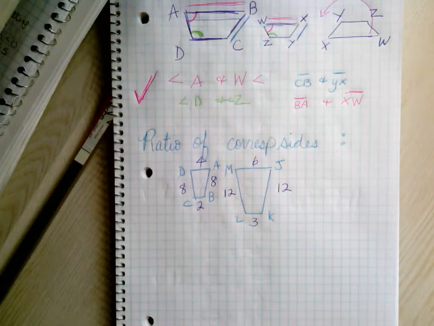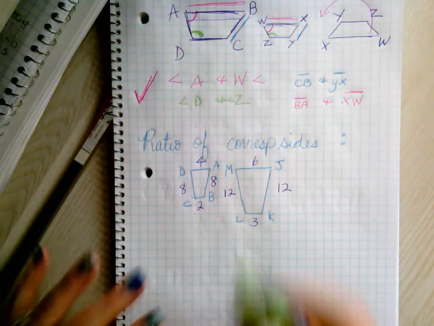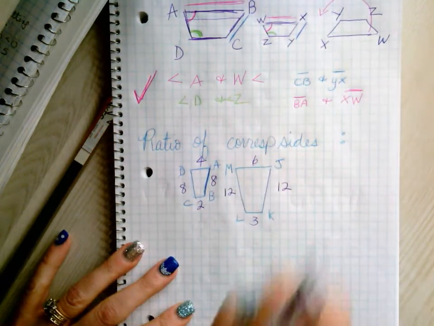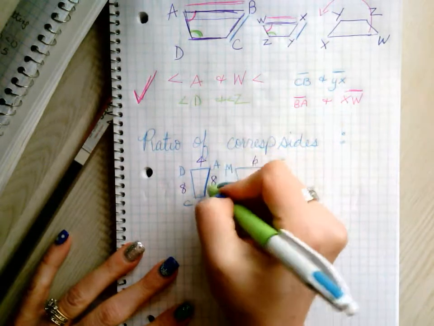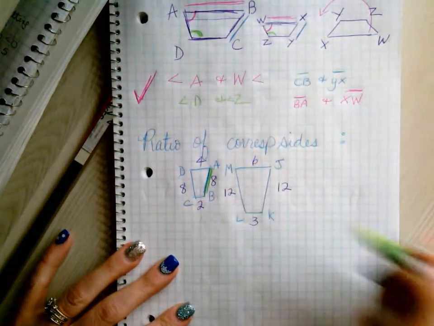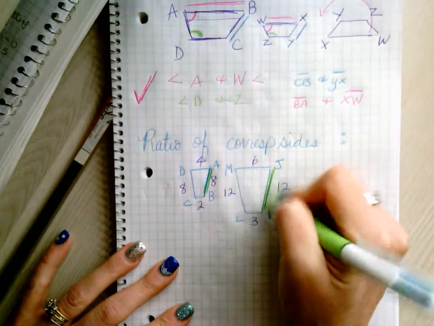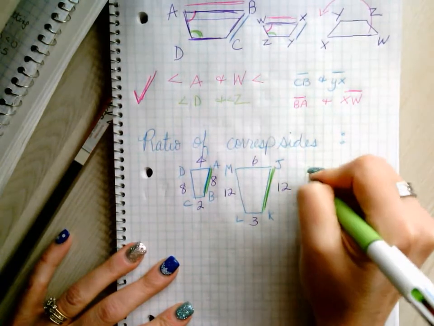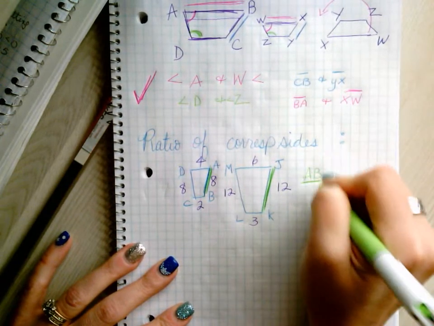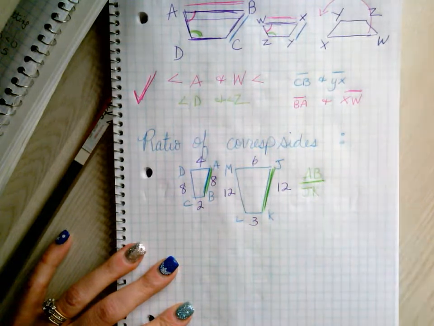Write a ratio comparing lengths of a pair of corresponding sides. All right. They compared AB with JK because AB corresponds to JK. AB, JK.